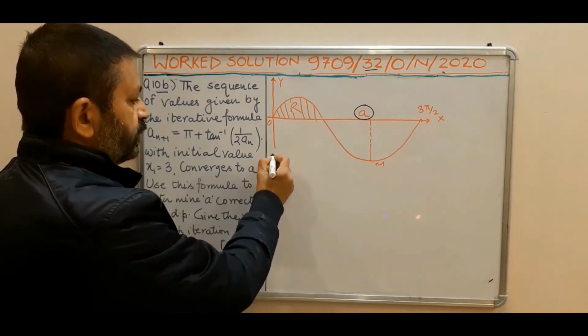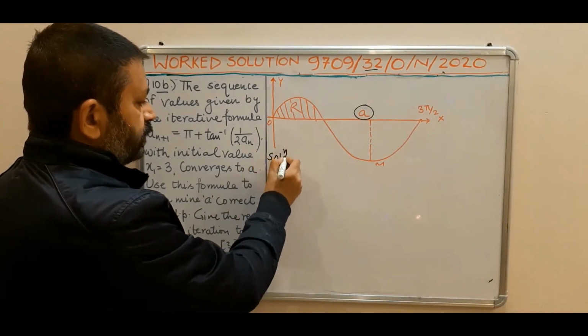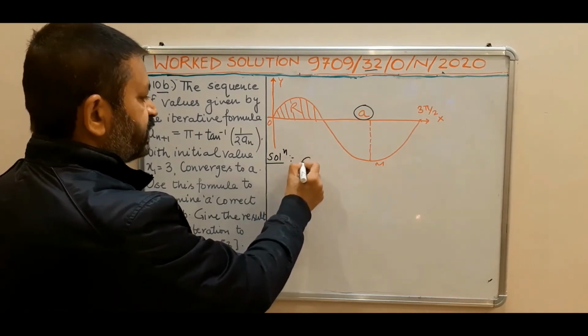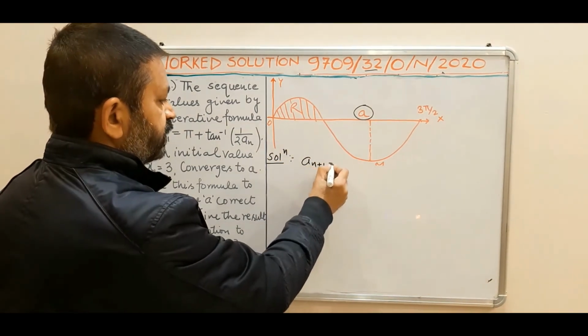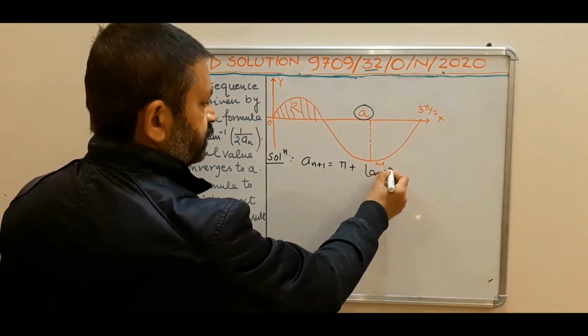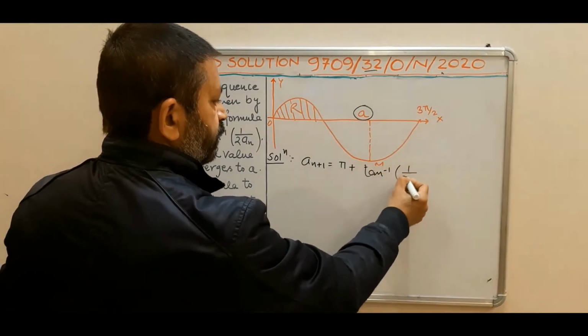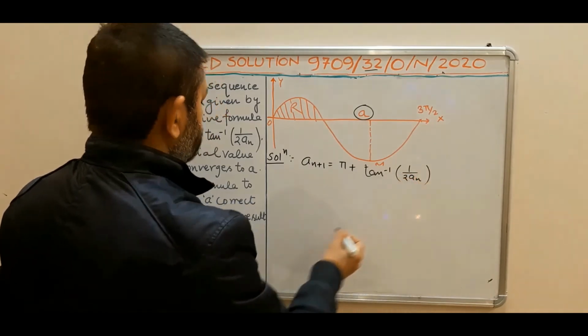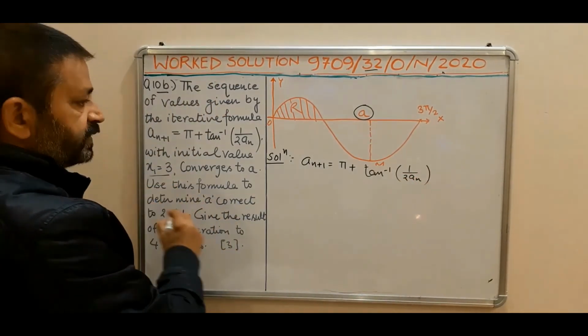So, iterative formula is given as a(n+1) is equal to pi plus tan inverse 1 upon 2a(n). Initial value is given as a1 is equal to 3.